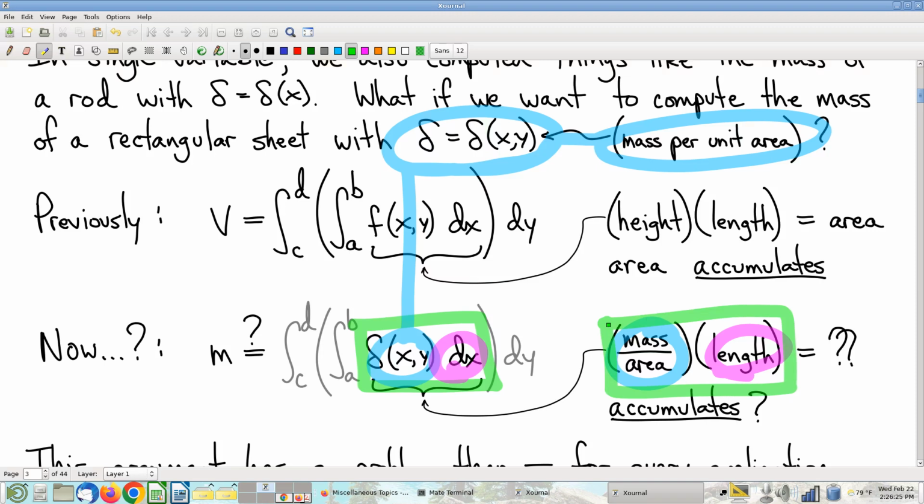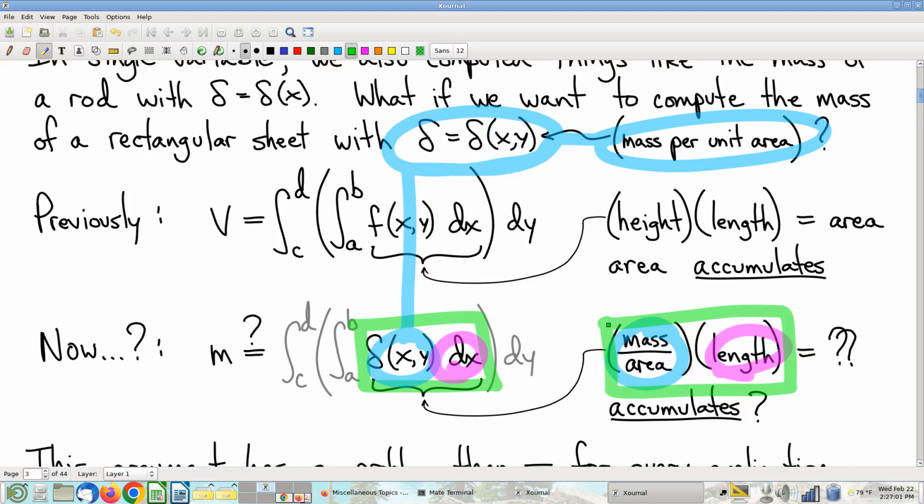And, well, this is a mismatch. The whole idea of mass per unit area is that mass is distributed across an area so that if you have a little piece of area, you can take mass per unit area, multiply times that area, and the area cancels and you get mass. And then you're adding up little pieces of mass. Wouldn't that be nice? That's not what happened. This expression, this iterated integral, forces me to make sense out of the idea of mass per unit area times length. And I don't know.